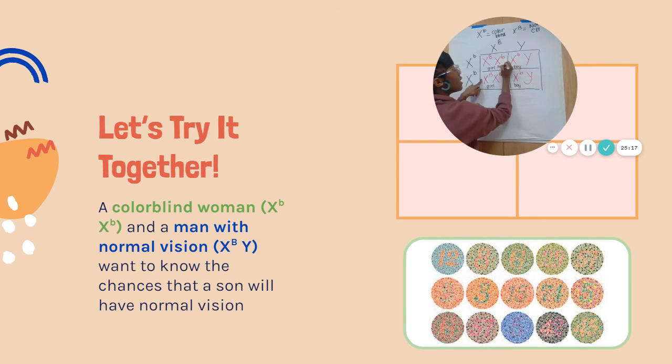So she's not colorblind. How about this girl down here? X big B and a little b. She has a big B, which means that she is not colorblind. How about this boy? Let's look at him. X little b. Will he be colorblind? Yes, he will be colorblind. X little b. This boy will also be colorblind.